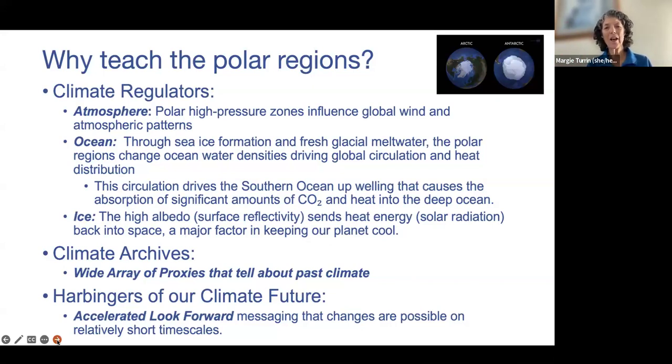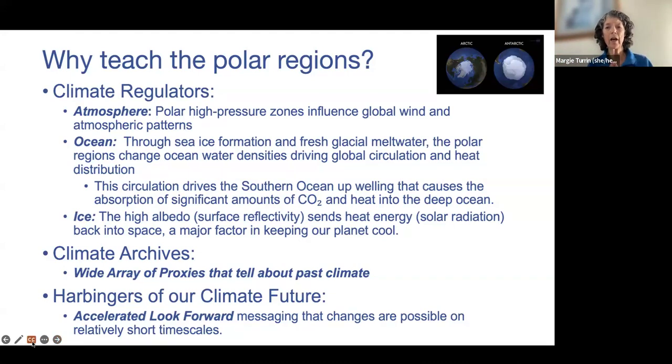In the oceans, through the formation of sea ice, the freezing of the ocean surface is dropping down the salt, and so that's changing density. And then you have fresh water coming off of glaciers and ice sheets, which is adding a freshwater lens. And of course, that's a huge driver of global circulation and heat distribution.